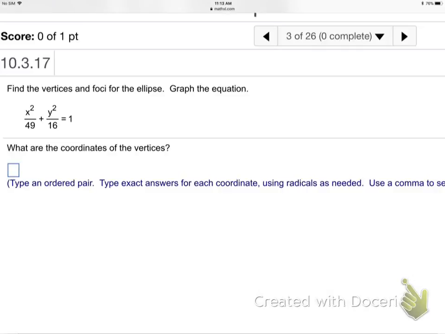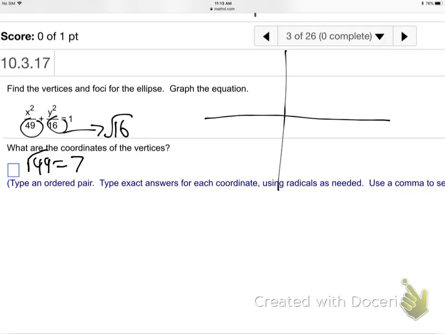Okay, so they're giving me an equation. It's always best to start with a graph. I think a graph just makes everything else easier. So can you graph that? You know it's an ellipse just by looking at the general look. So underneath x is 49. The square root of 49 is 7. Underneath y is 16, the square root of 16 is 4.